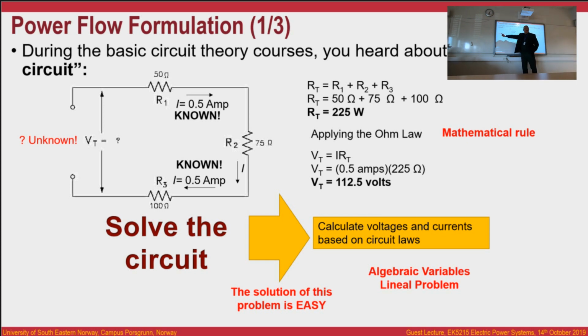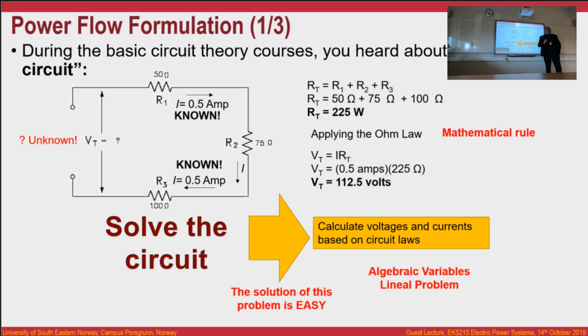Are you with me? What I'm trying to say is that a basic circuit is similar to a power system. In a power system, you have generators. They produce the electricity. You have cables moving the electricity to the loads. You have a cable, you have a generator, delivering the power. Are you with me?